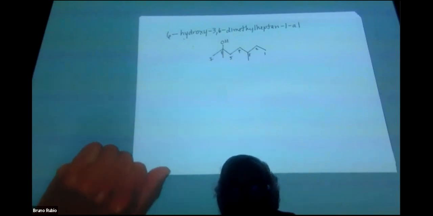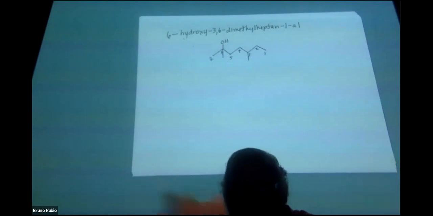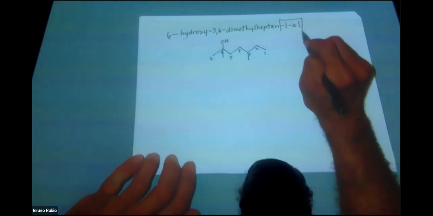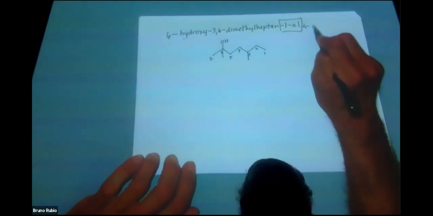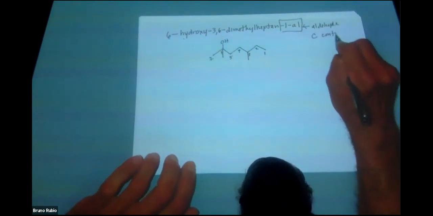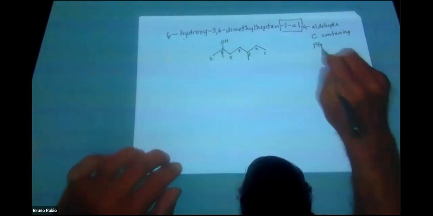Okay, and so now here's something that I want you to pay attention to, because this is some place that people frequently make all kinds of mistakes. The priority group ending here is an aldehyde. This is a carbon-containing priority group, right?